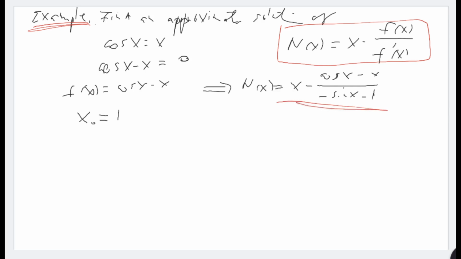Basically our x1 will be calculated by evaluating the Newton function at x equal to 1. So 1 plugged in for x. So it's 1 minus cosine 1 minus 1 over negative sine 1 minus 1, and simplify.